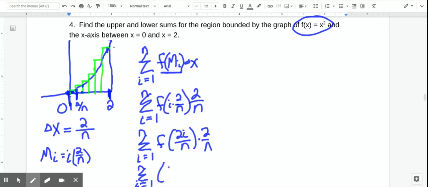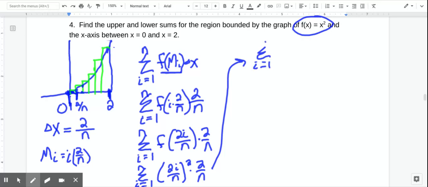That gives me 2i over n, squared, times 2 over n. I'm going to clean that up. So 2 squared is 4 times 2 is 8, so 8i squared over n squared times n, which is n cubed.